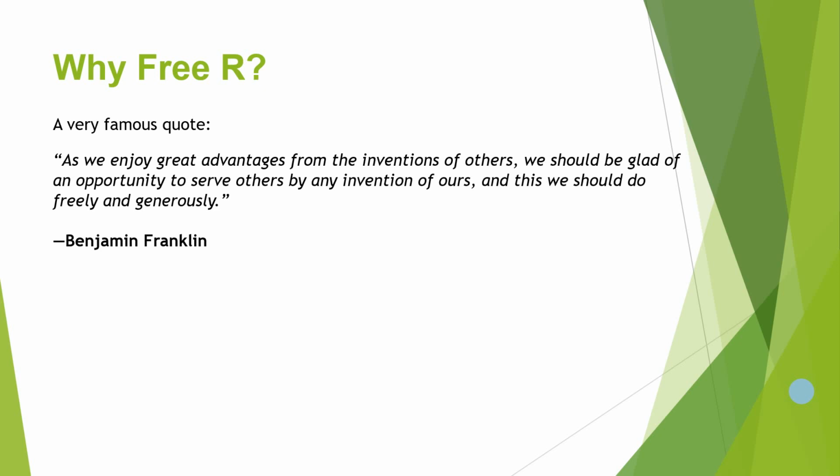Someone developed the R software, and now you are going to use it for your data analysis activities. Whatever research problem you solve, provide the result to the general community so that anyone can utilize it and benefit. If you are taking the fruit of someone else's research, then do research in such a way that your fruit will be enjoyed by others. This is a famous quote from Benjamin Franklin.